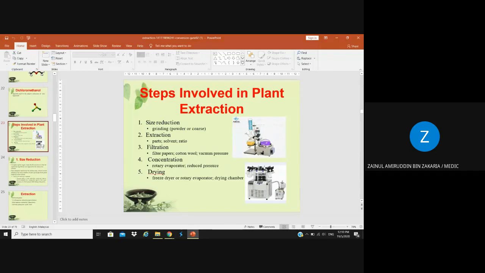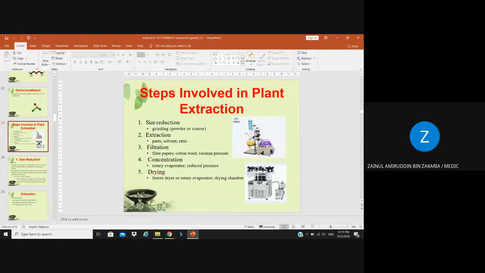So what happens after you heat this solvent, whether it's water or alcohol, especially alcohol or chloroform, organic solvent, sorry. The organic solvent, after you heat it, will become vaporized.